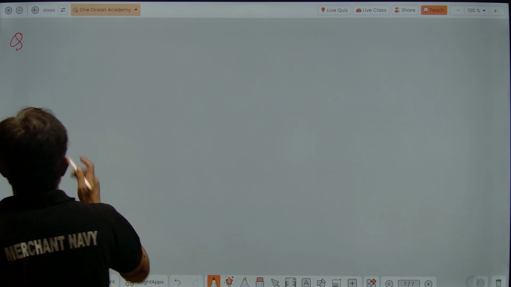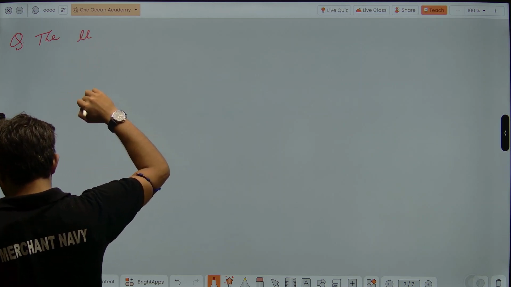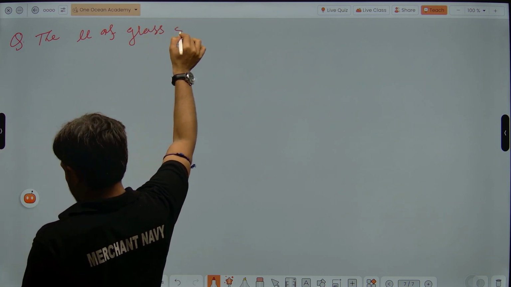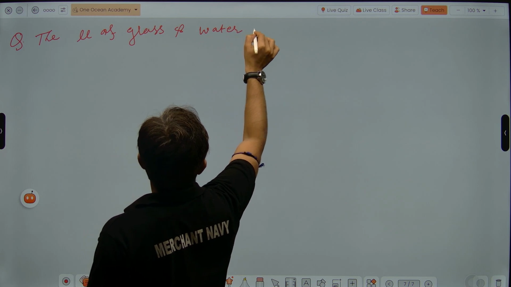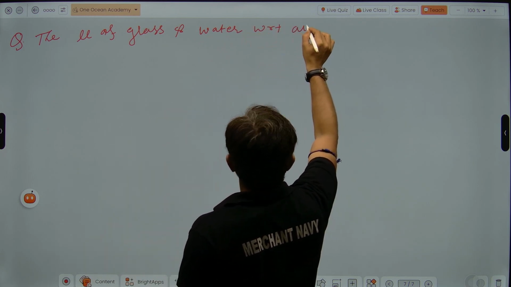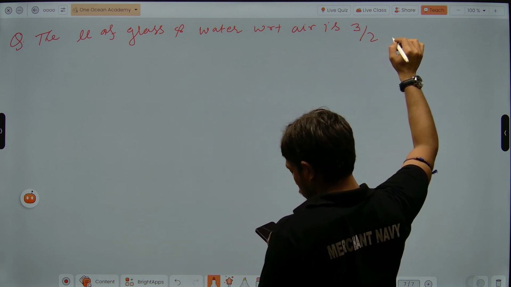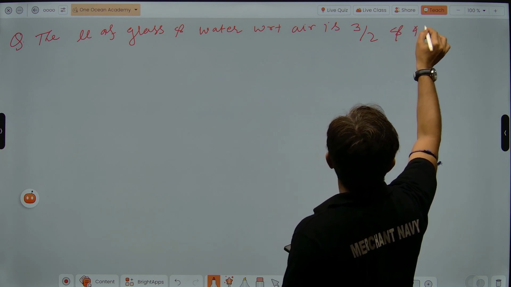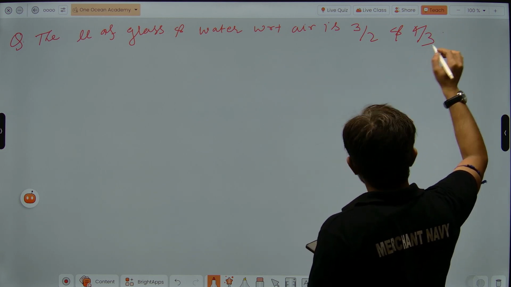Here it is given that the refractive index, the mu of glass and water with respect to air is 3 by 2 and 4 by 3.